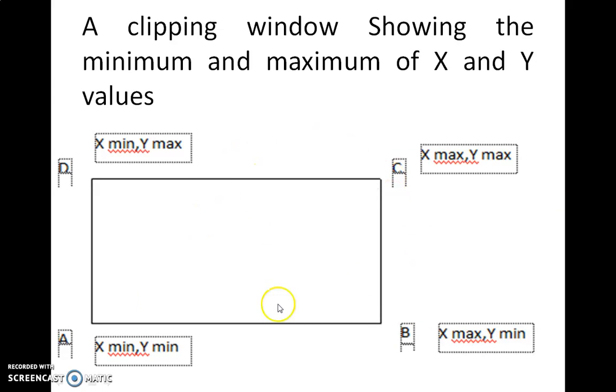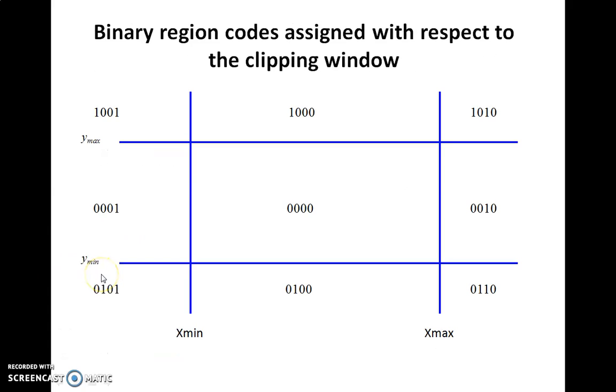Now this is the clipping window. Here this is the x minimum, y minimum, the window's minimum x coordinate value and minimum y coordinate value. The same thing applies for all the others. Why do we need this? Because if any line goes outside, then we need to see whether it is completely outside or partially inside and outside.